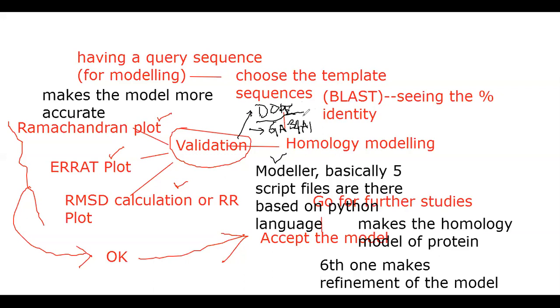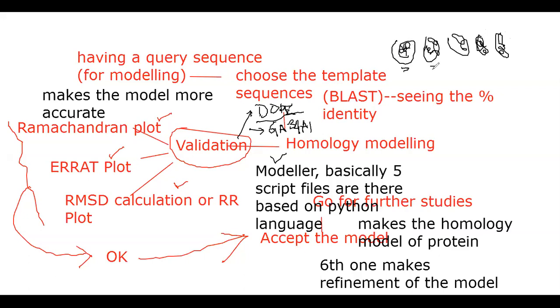The full form is Discrete Optimized Protein Energy, a potential energy. In Modeller, they give you several protein models like this, several protein conformations, in the script file output. Approximately 4 to 5 conformations they give you.